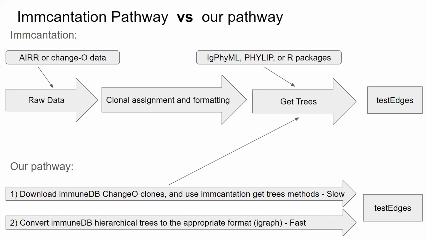In our pathway, you can either start just by downloading the immuneDB Change-O clones, and then use Immcantation's get trees methods, but it's a little bit slow. So you could use the second option by just converting our immuneDB hierarchical trees to the appropriate format, the iGraph, and then give it as input for test edges.